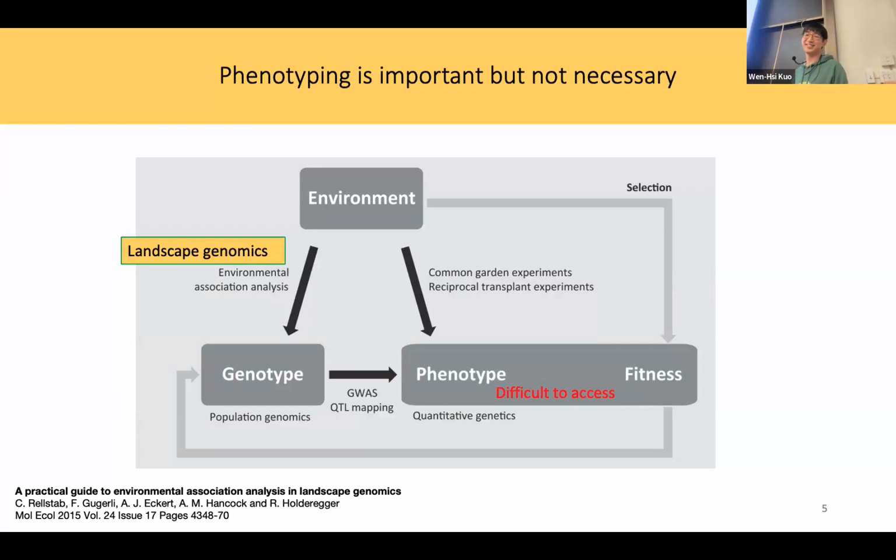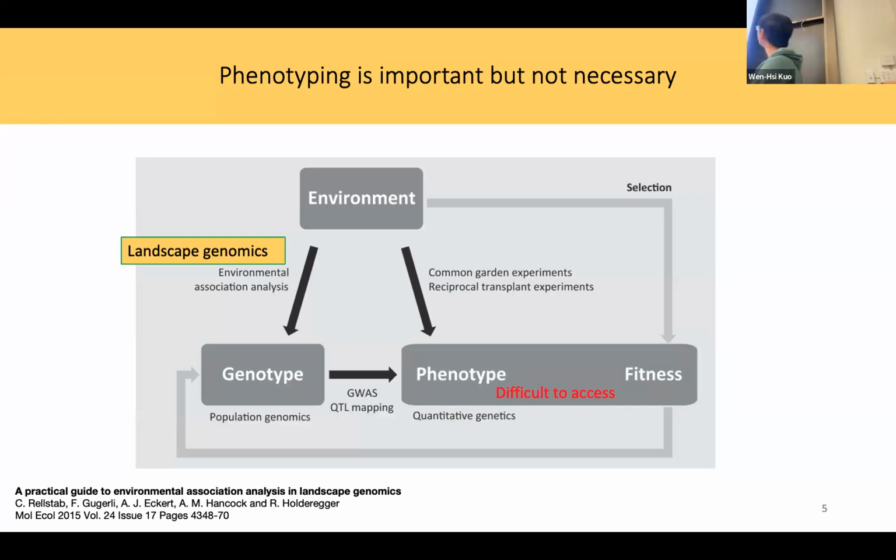Fortunately, there is a way to bypass the phenotype and just study the genetics under selection. Thanks to the advance of sequencing technology and globally available climate databases, we are now able to investigate adaptive genetics without access to the phenotype.